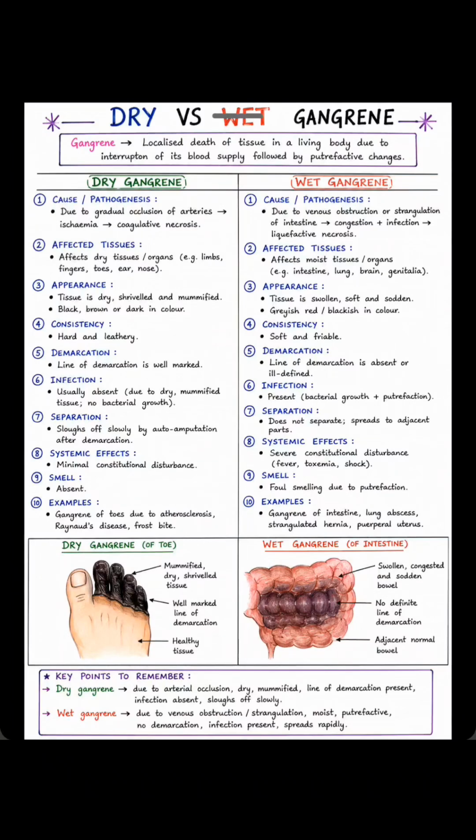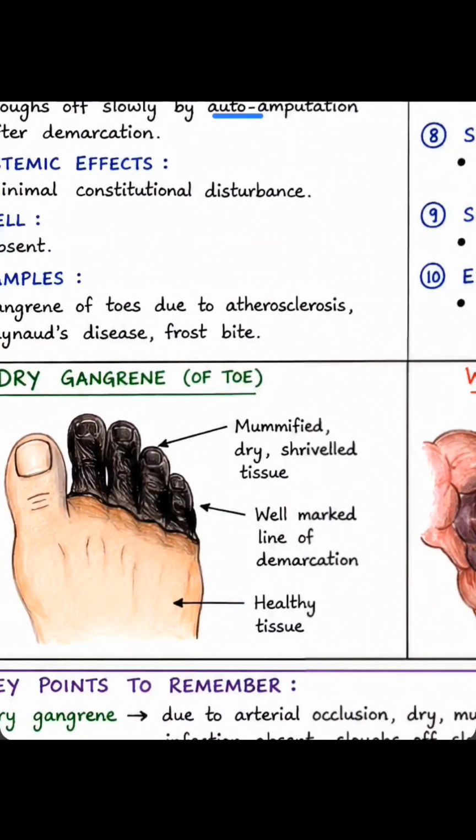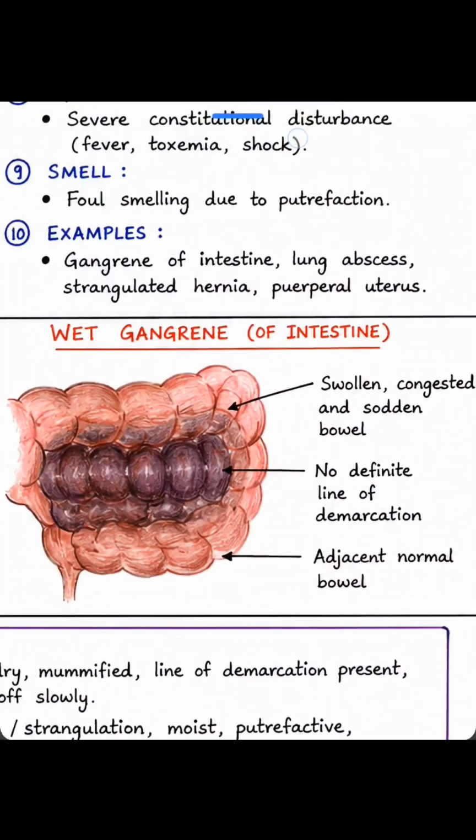Line of demarcation is well marked and distinct, and absent or very ill defined in wet gangrene. You can see the line of demarcation well marked, but in wet gangrene, no definite line of demarcation.